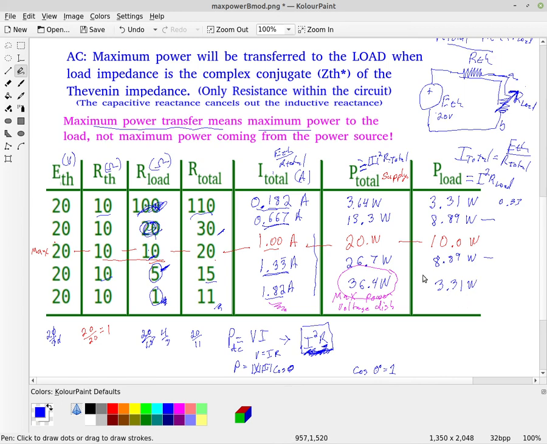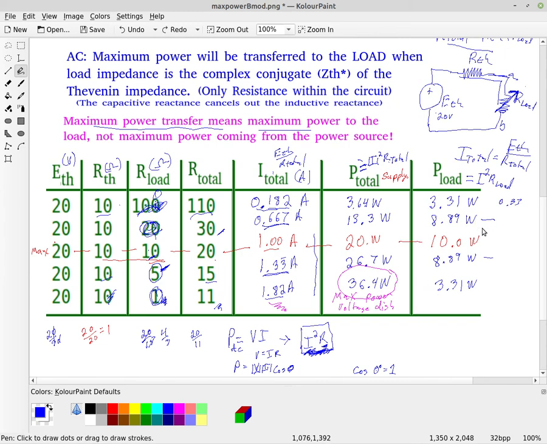Again, this was 1/10. Our load was 1/10 of our Thevenin, and for the first example, R load was 10 times R Thevenin, and so you see those values matching up too.